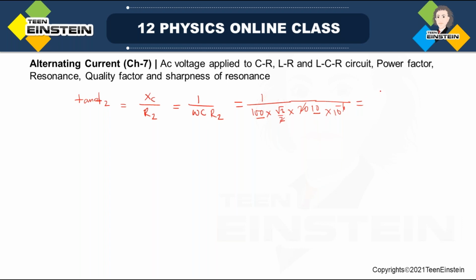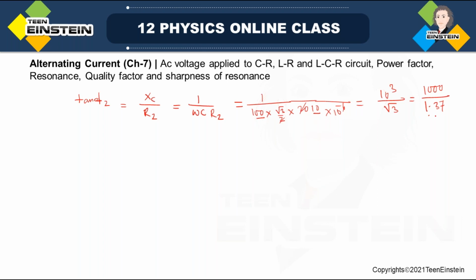So it will be 10 to the power 3 by root 3. That means it is 1000 divided by 1.732.